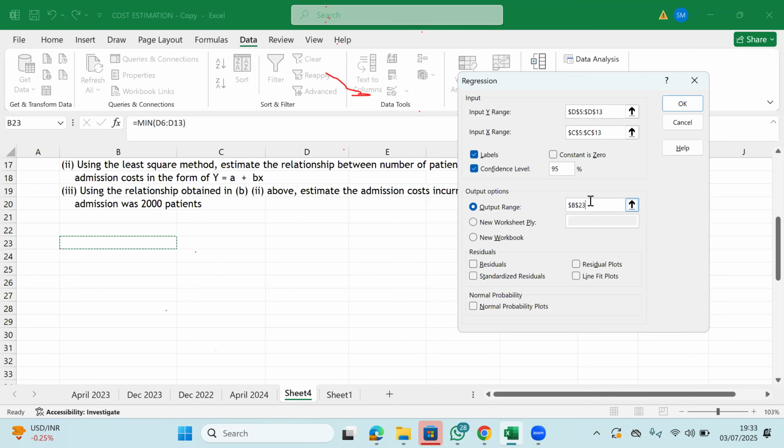Good, so we can proceed. After defining where you want your results to start appearing from, we need to talk about the residuals as the last item we have in there.